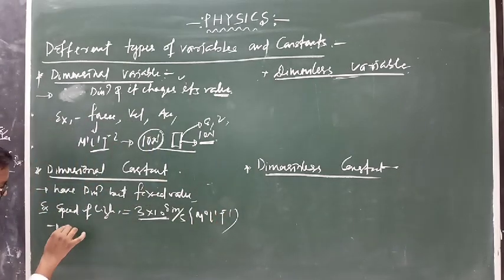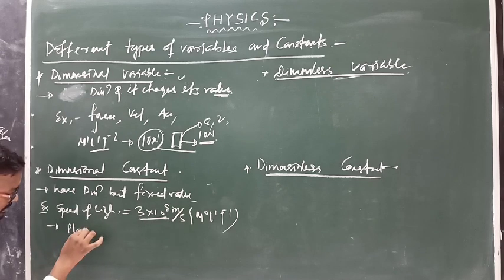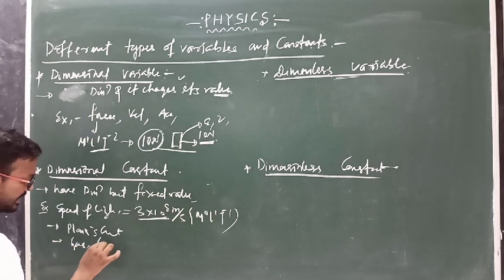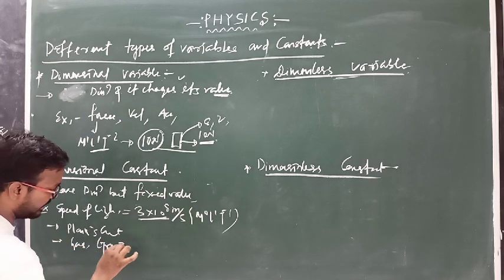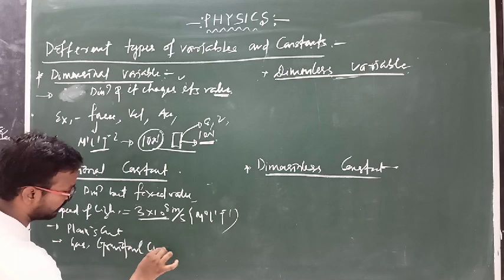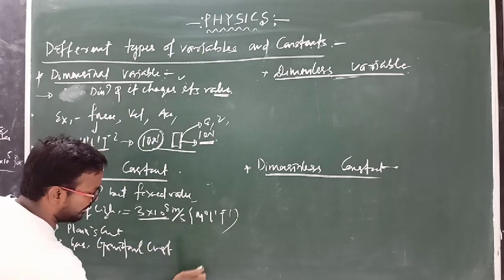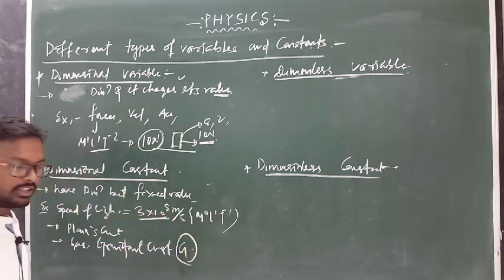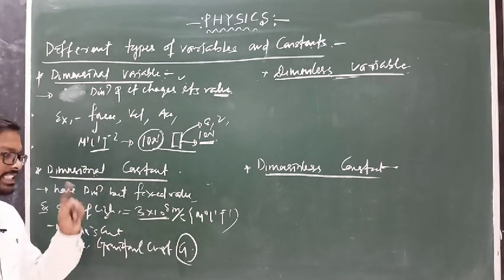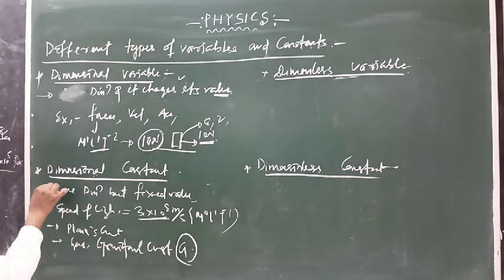Similarly, you can say Planck constant, then gas constant, gravitational constant G, its value is fixed but has dimension. These physical quantities are under dimensional constant.